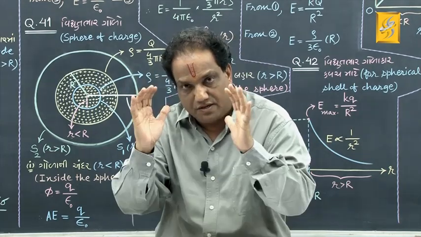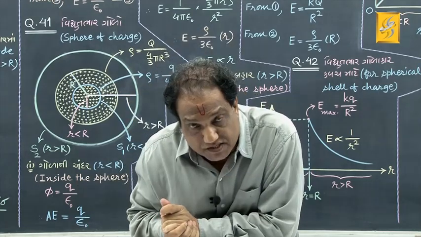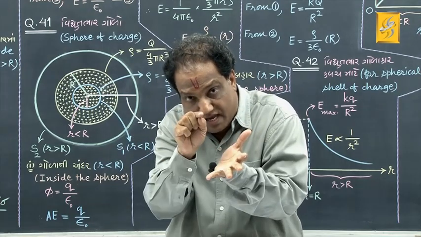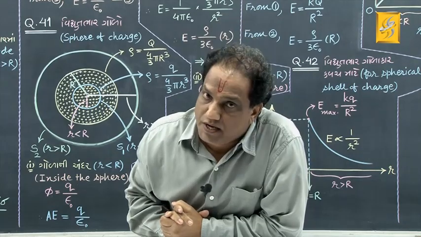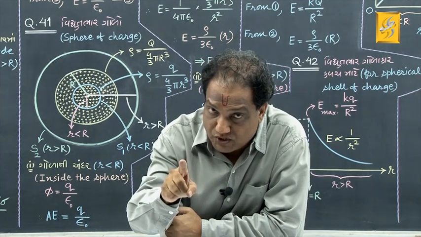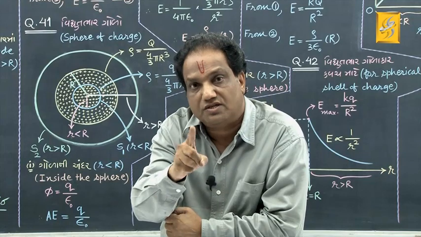It is a sphere made up of point charges, and because the entire sphere is made up of point charges, it has volume charge distribution. Charged sphere has only surface charge distribution, whereas sphere of charge has volume charge distribution.